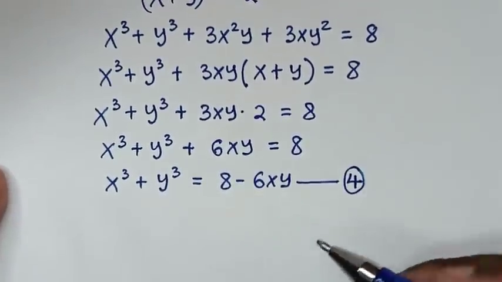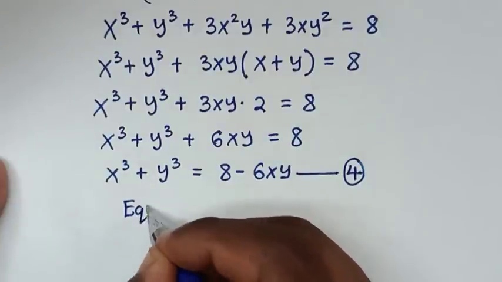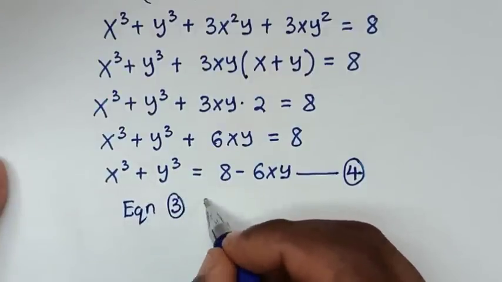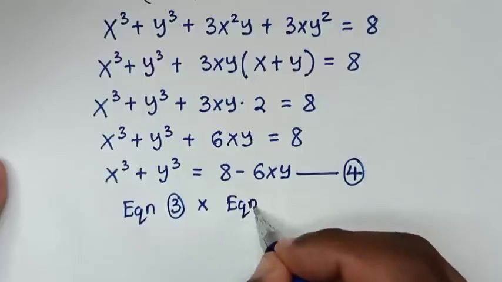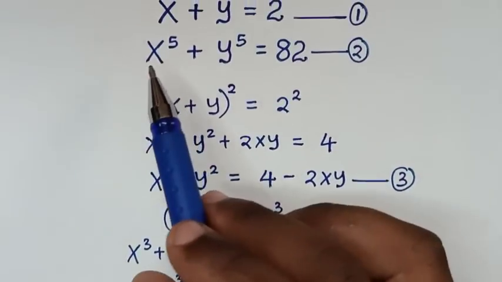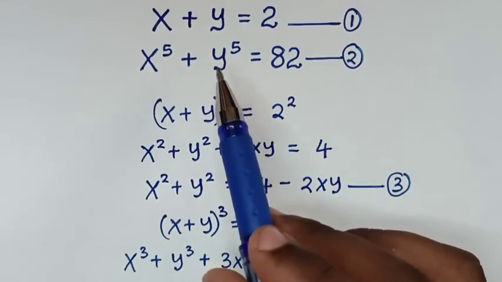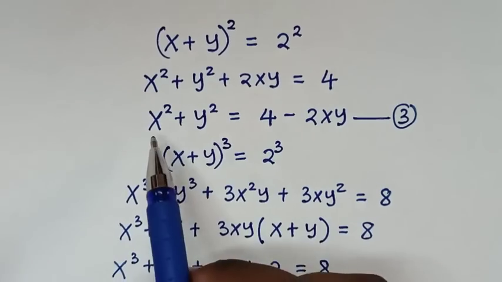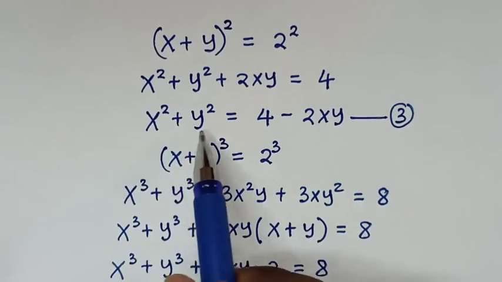Then in the next step, we take equation 3 and multiply by equation 4, so that we can get x power 5 plus y power 5. Now in equation 3, the left side is x square plus y square.